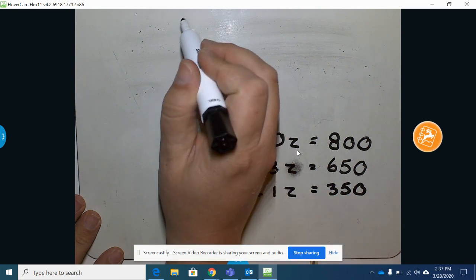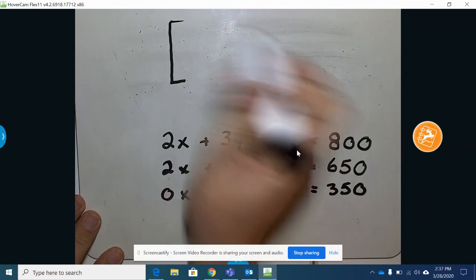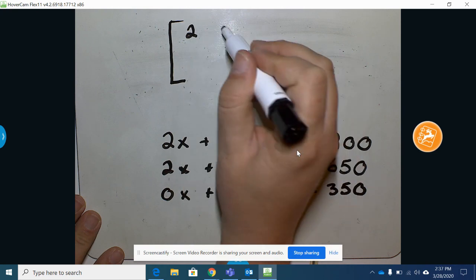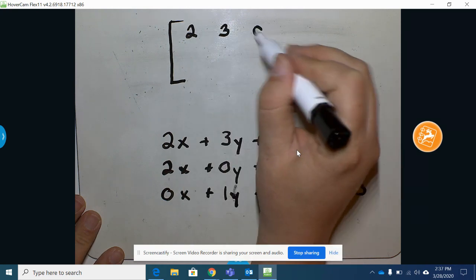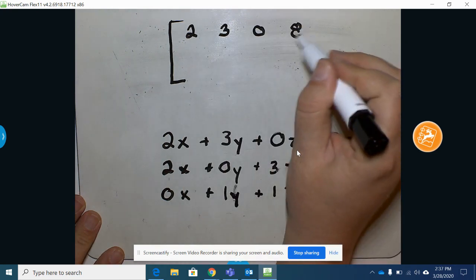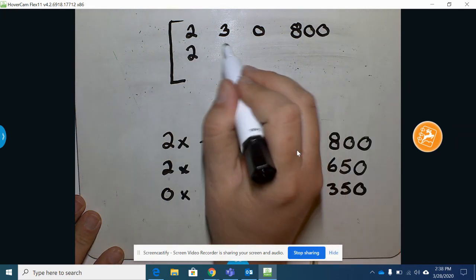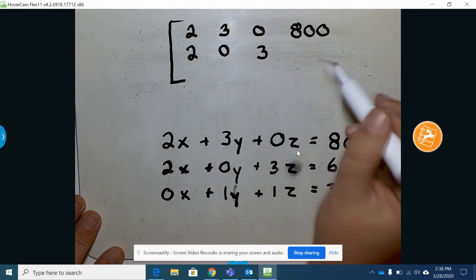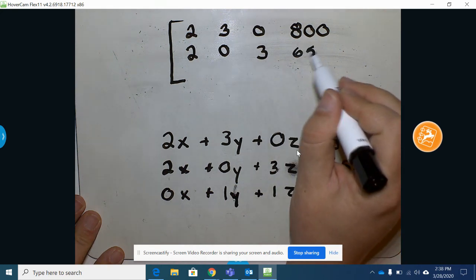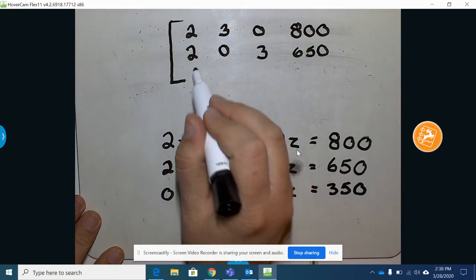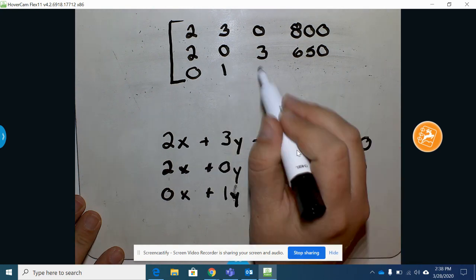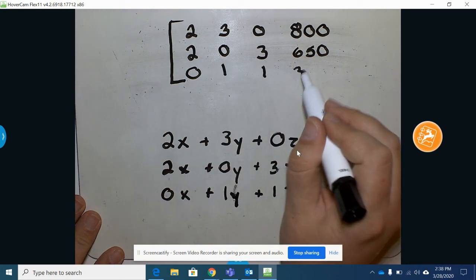So our 3 rows and 4 columns are going to be 2, 3, 0, 800, and then 2, 0, 3, 650, and then 0, 1, 1, 350.